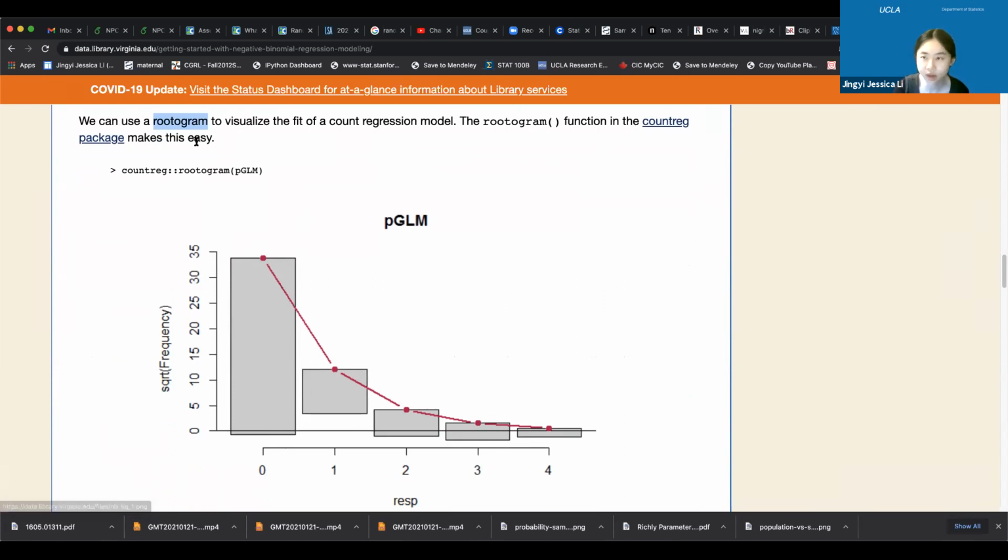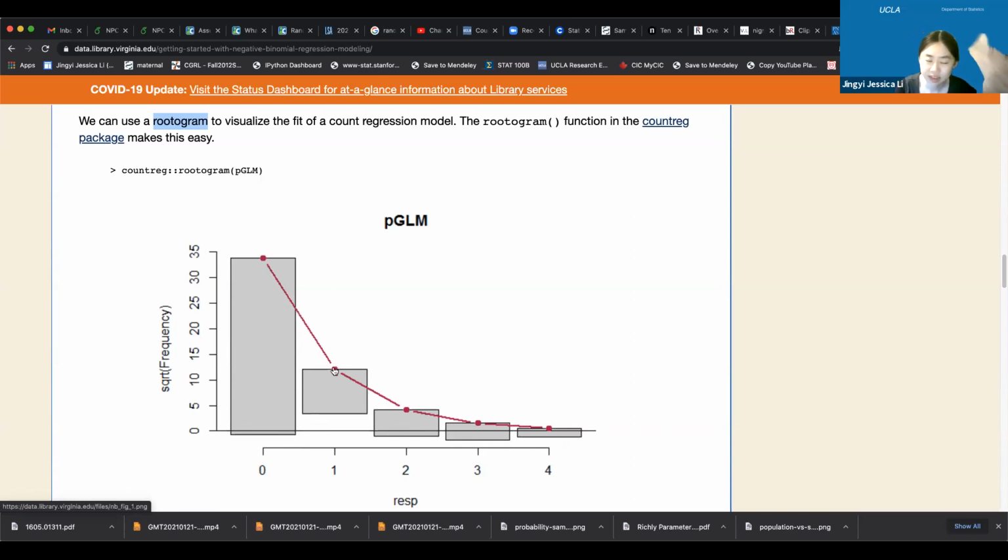In this rootogram, we take the square root so that we make the small counts more visible. Otherwise, you may be dominated by just the large counts, and the small counts become not so obvious in the comparison. That's the primary reason. The rootogram ties the bar, which is the observed frequency, to the red dot, the expected frequency.